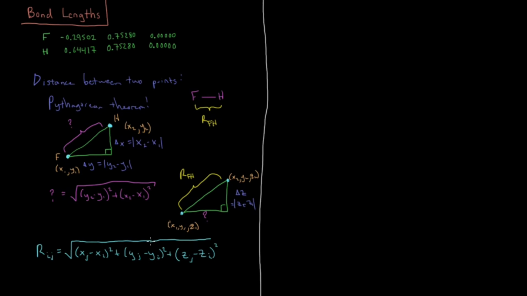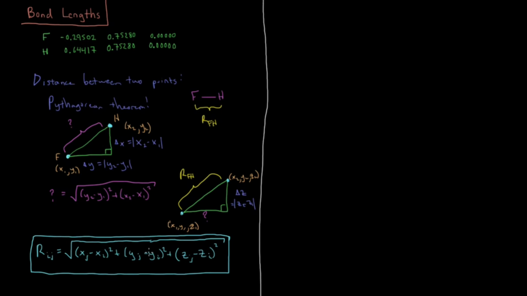In this case, j is 2 and i is 1. That is our final answer for the general formula for the bond length.